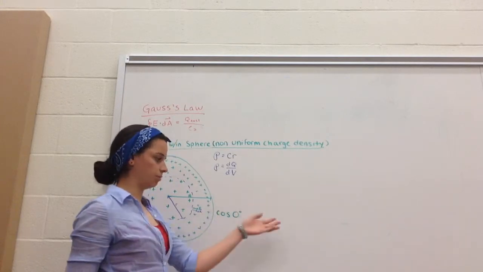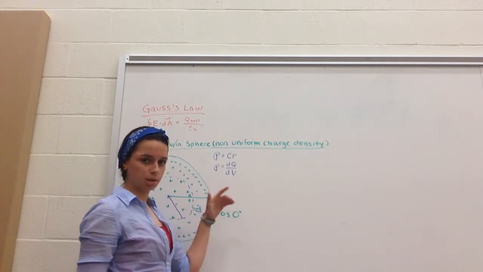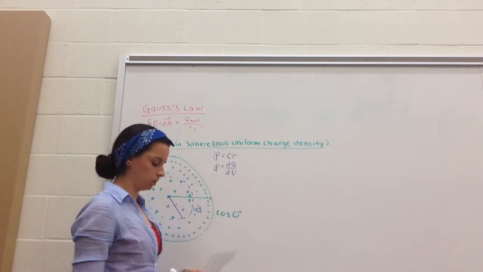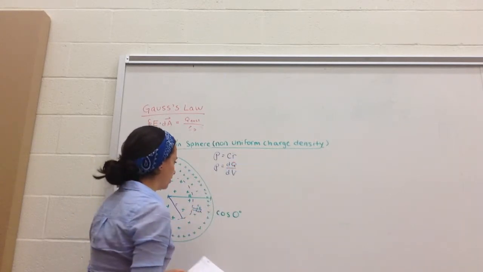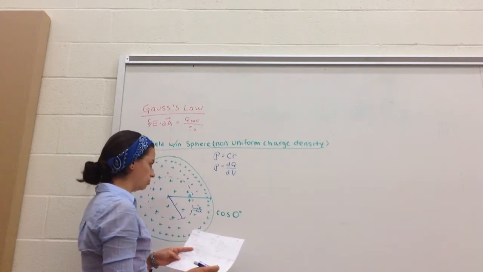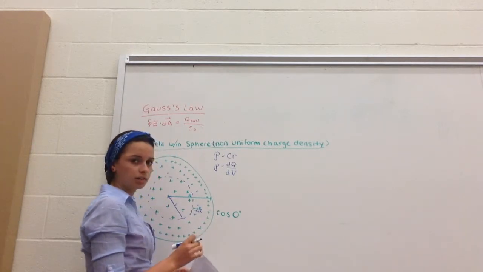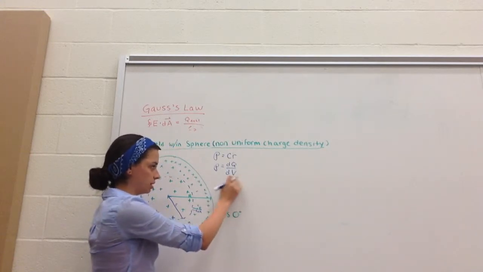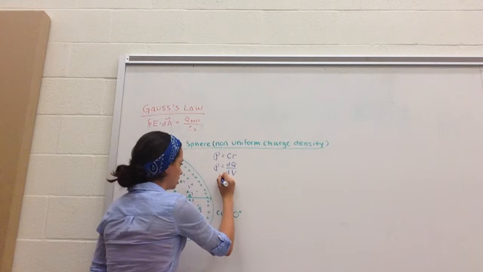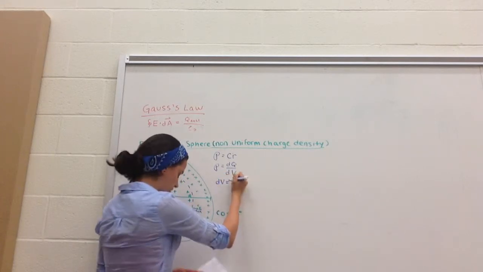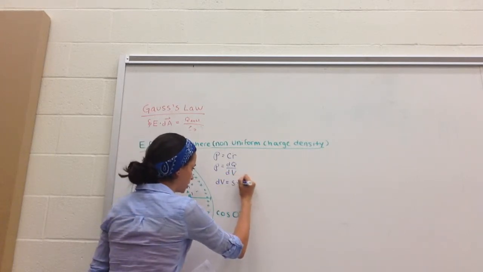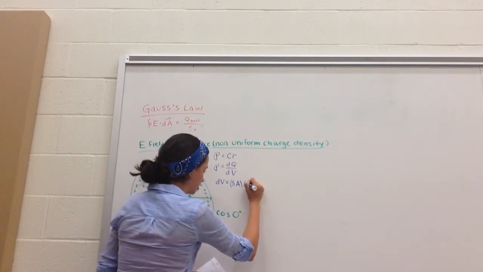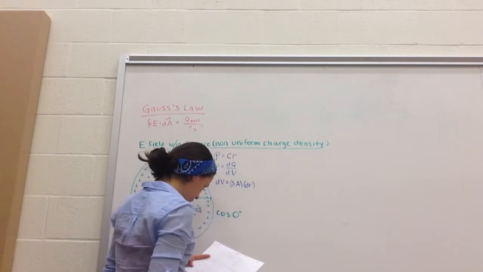And like we did with our other density equations, you can manipulate this to solve for Q or V or dQ or dV, whatever you need. Another way to write volume is surface area times the radius, and we're going to do that in differential form because we have our volume in differential form. So differential volume equals surface area of that sphere times the differential units of radius.